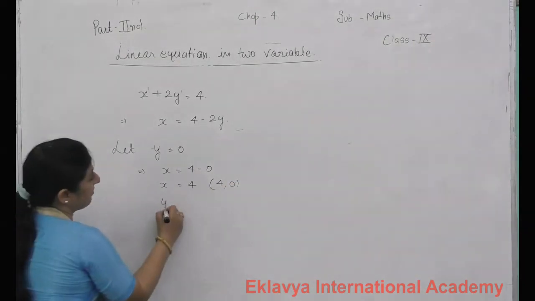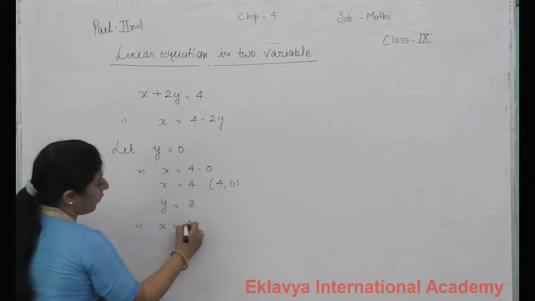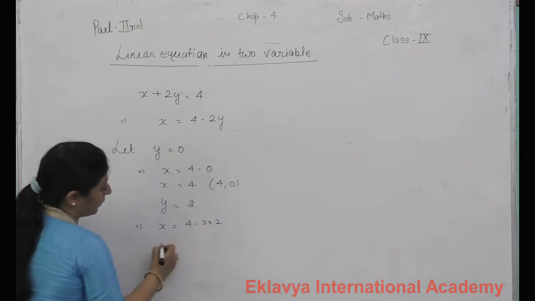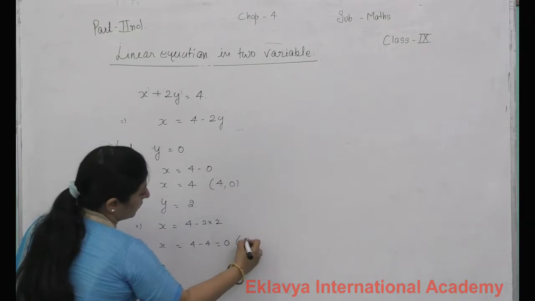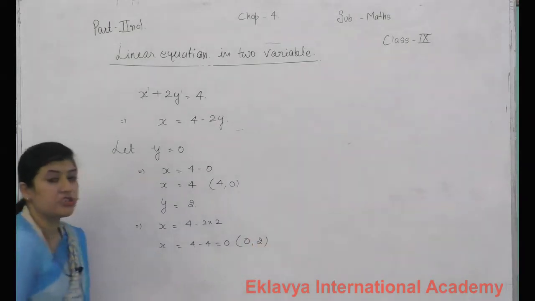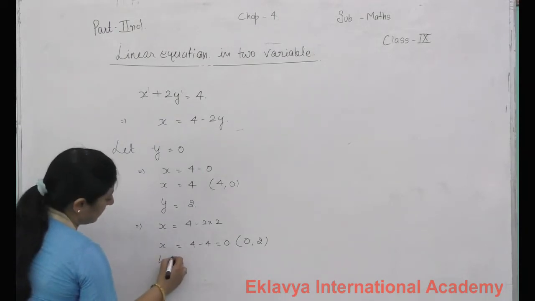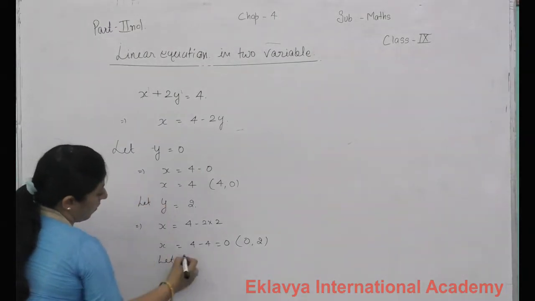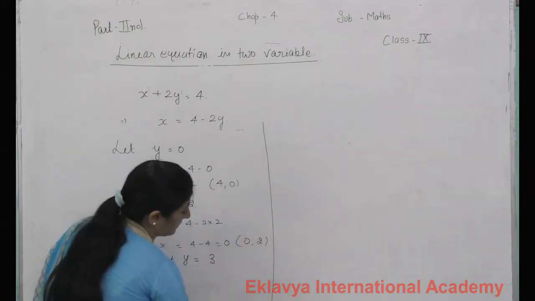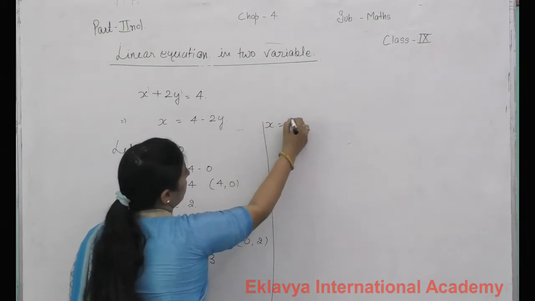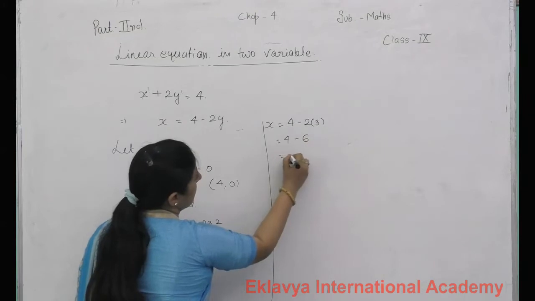Second, let y = 2. x = 4 - 2 × 2, x = 4 - 4 = 0. Then your solution is (0, 2). Any other? Let y = 3. x = 4 - 2 × 3, 4 - 6 = -2.